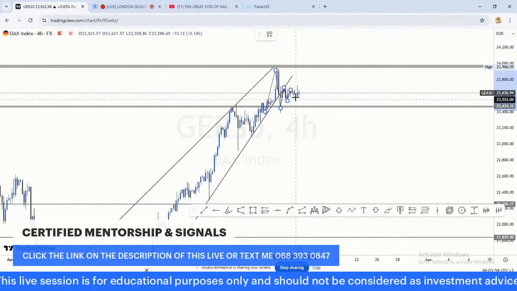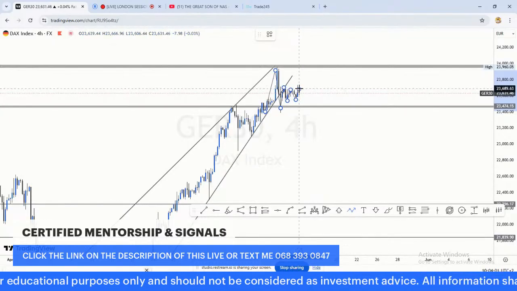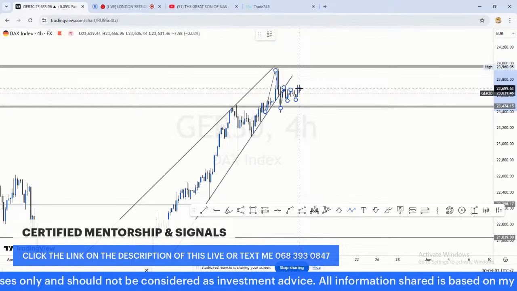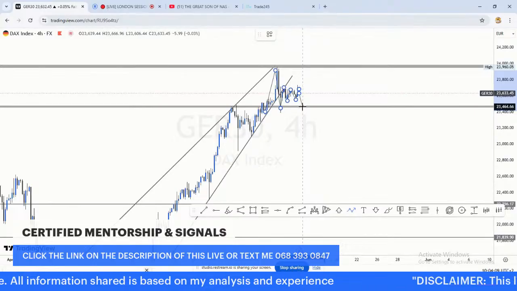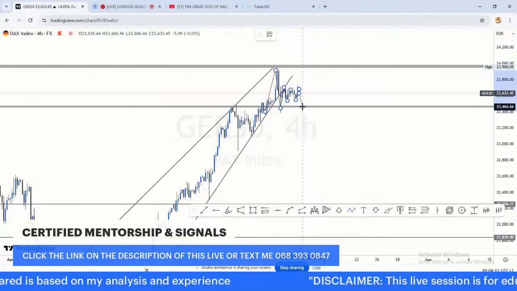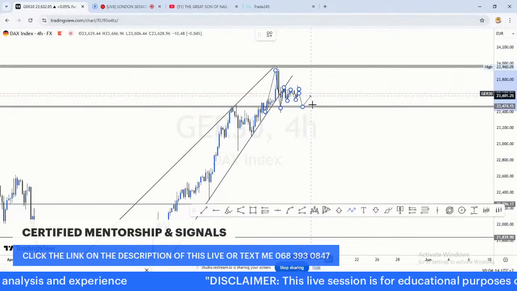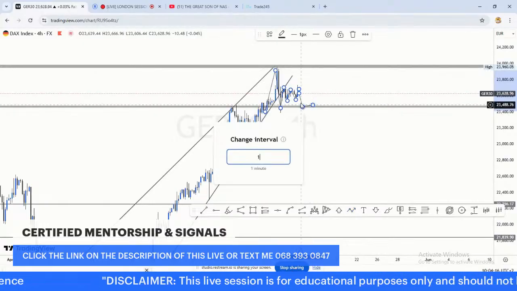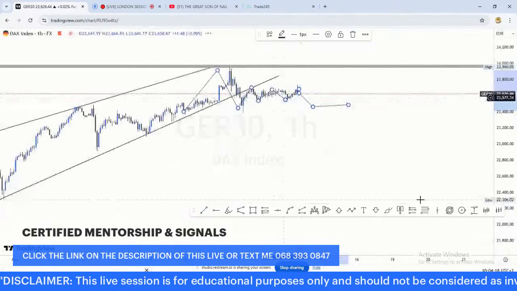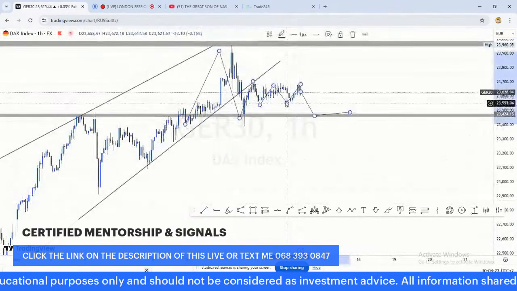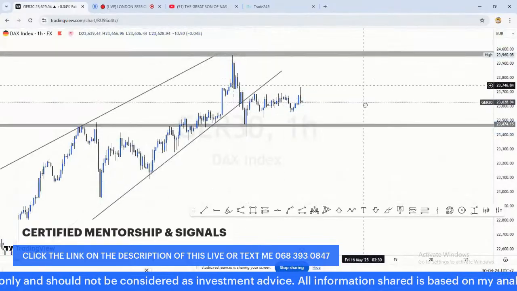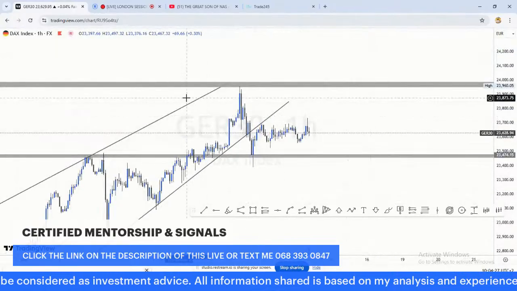So it's actually in a consolidation movement, but for us to be on the safe side, we just need to wait for it to reach one of the strong zones. If it comes back to the strong zone here, that's when we're going to be taking buying opportunities. But let me just switch to it now so everyone can see what I'm talking about, because now we have to be straight enough with this.